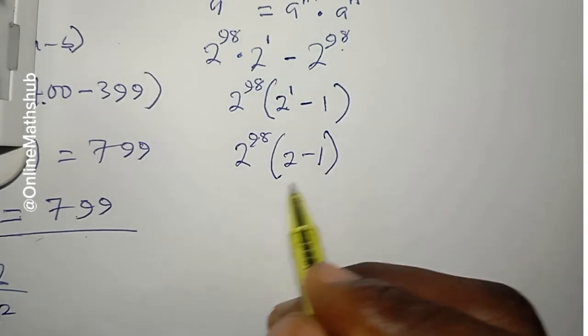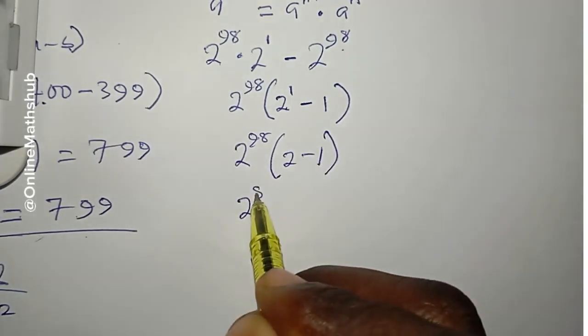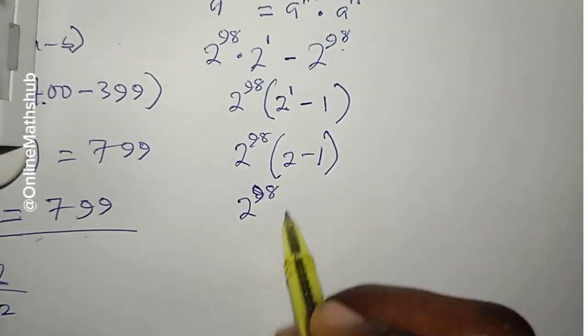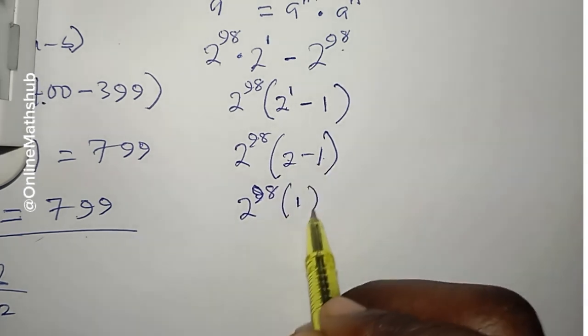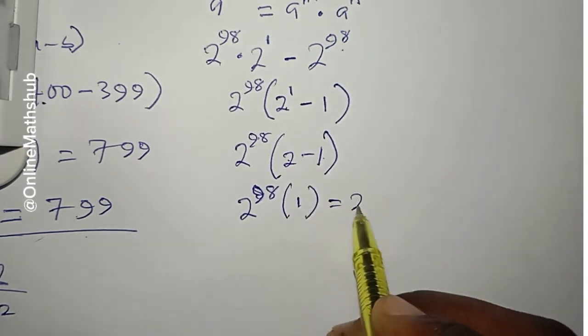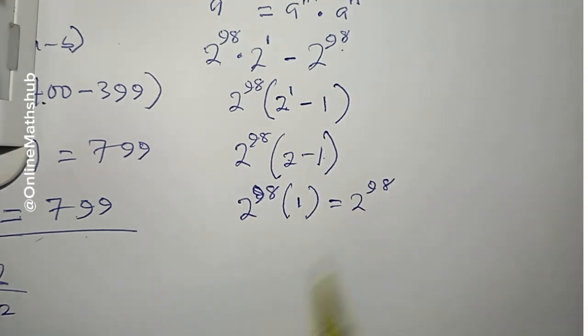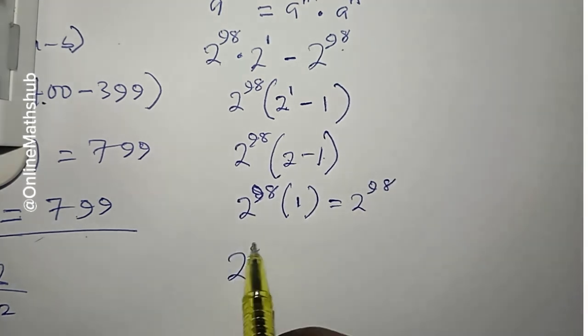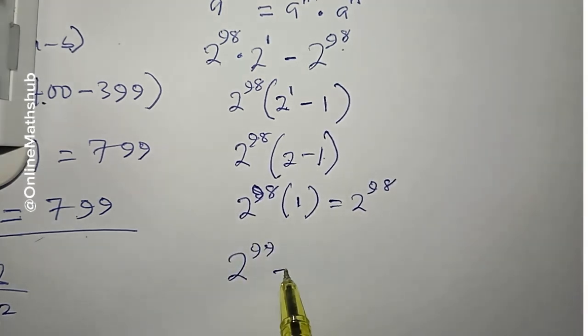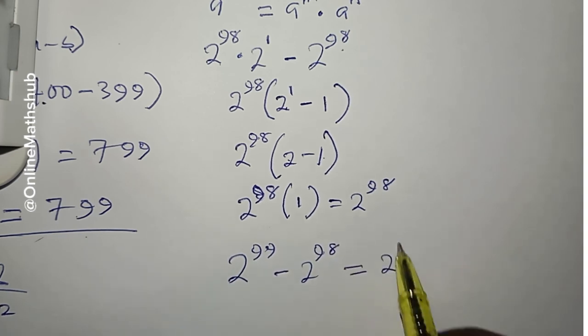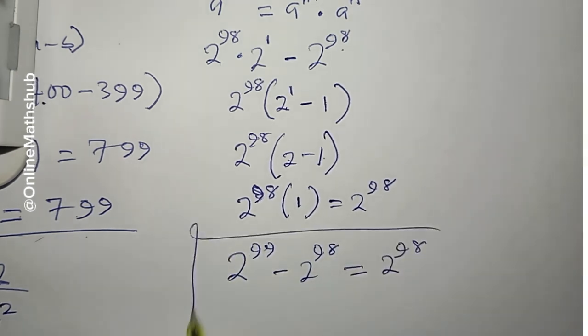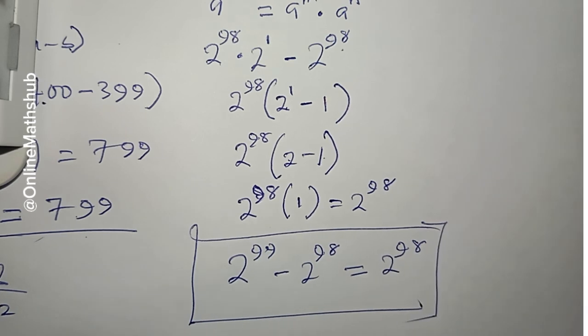What I'm going to have is 2 power 98 multiplied by 2 minus 1, which is equal to 1. So obviously this is equal to 2 power 98. So you can see that 2 power 99 minus 2 power 98 will simply give you 2 power 98. This is cool, and that is how you solve problems like this.